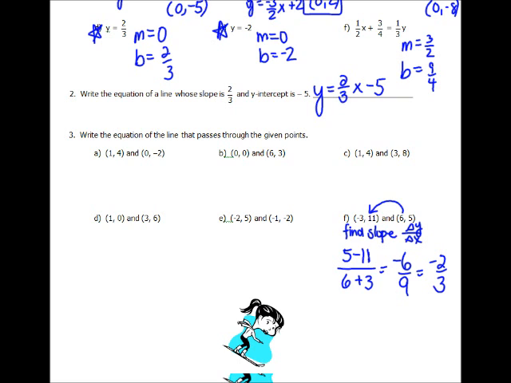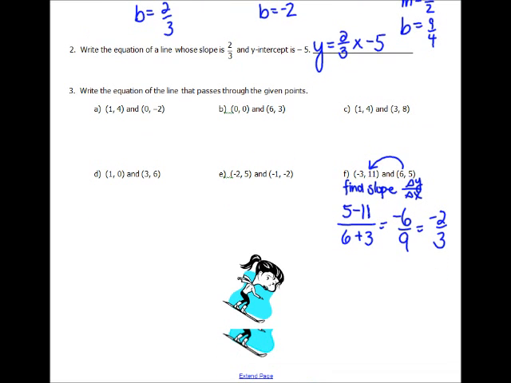That's my slope. Then I need to find the y-intercept. Well, how do I do that? I use the slope-intercept form, but I have a missing b. So what is it right now? All I know is it's y equals negative 2/3 x plus b. But lo and behold, I have two beautiful points that are of the xy format. So I can plug in whichever one I would like. Again, I'm going to pick the one that's convenient for me or seems a little easier. It doesn't matter. And plug those in for x and y.